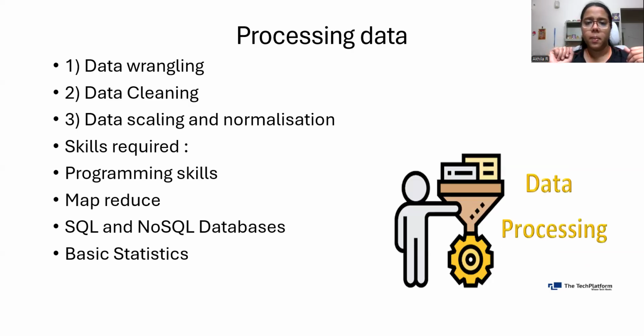The very first step in processing the data is called data wrangling or data munging. Why should we do it in the first place? Different organizations might have different ways of storing the data. Consider a company which is selling books. As a customer, I've ordered a book, so it stores my details in a relational database.